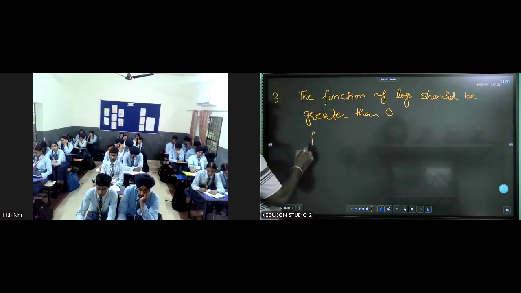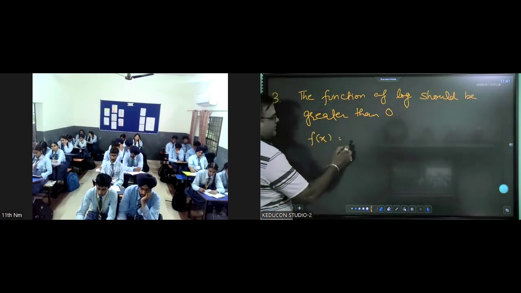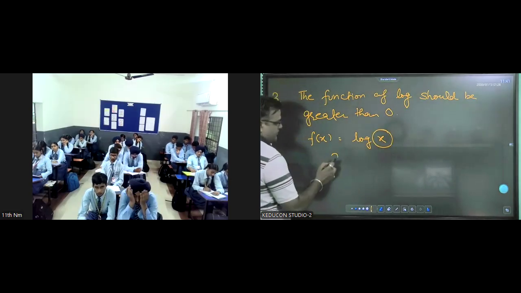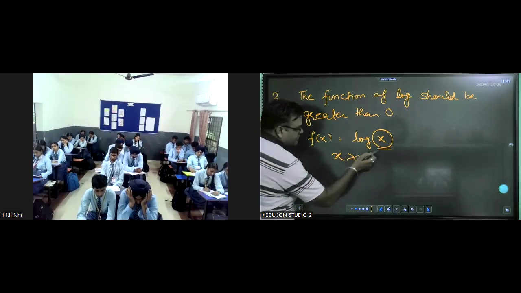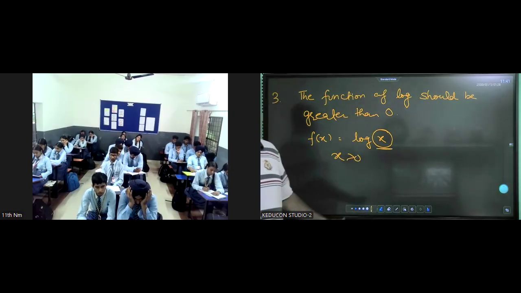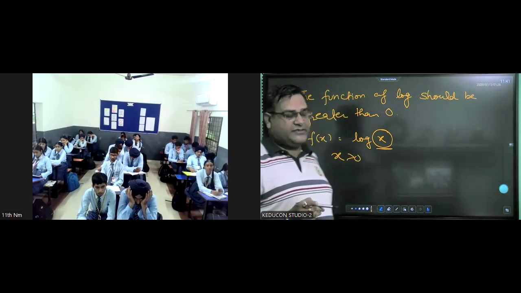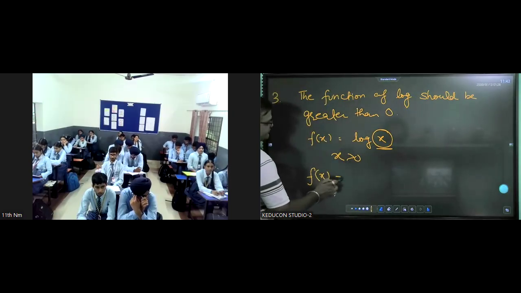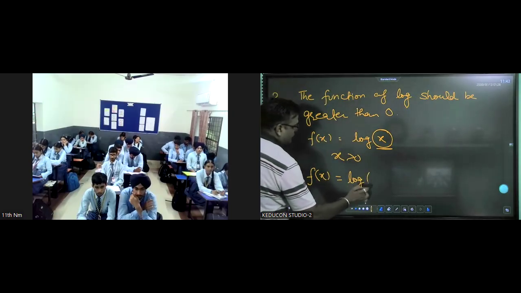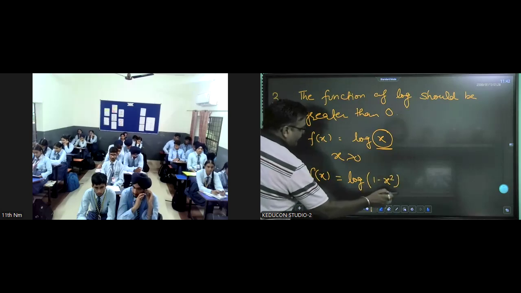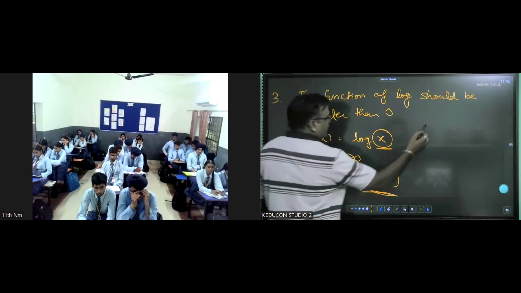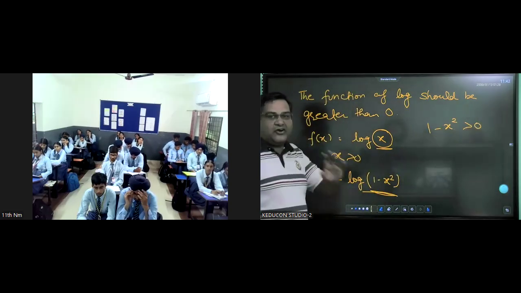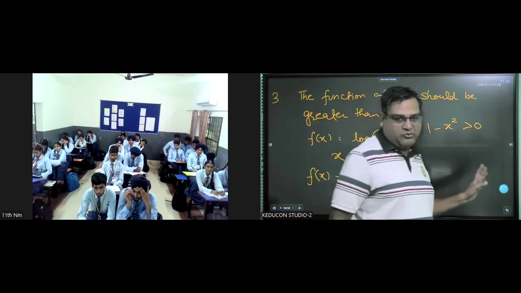If you have a function f(x) equal to, let's say, log x, then this x should always be greater than 0. Whatever is associated with the log should always be greater than 0. For example, if you have log of 1 minus x square, then this function should be greater than 0. Only greater than, not equal; it cannot even be 0.